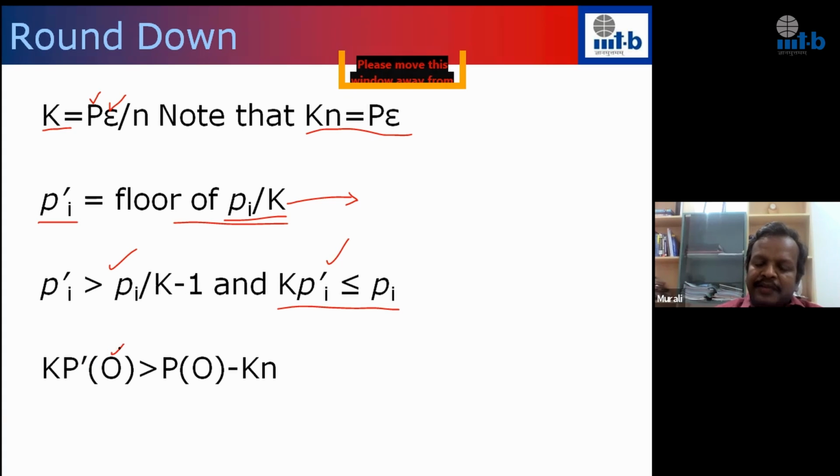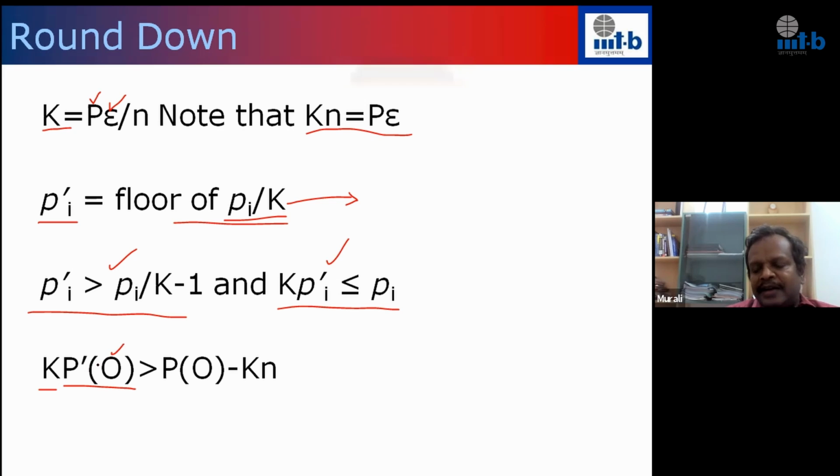But O here is the optimum to the original problem. Because of this equation that I'm writing here, if you multiply on both sides, what you get is k times pi dash is greater than pi minus k. If you add up all these equations over the sum of all the items in the optimum, what you get is that k comes out. This is the profit of all the items, basically the sum of all the items in O. When I write P dash of O, you're finding the sum of all the items in O, but using your pi dashes.